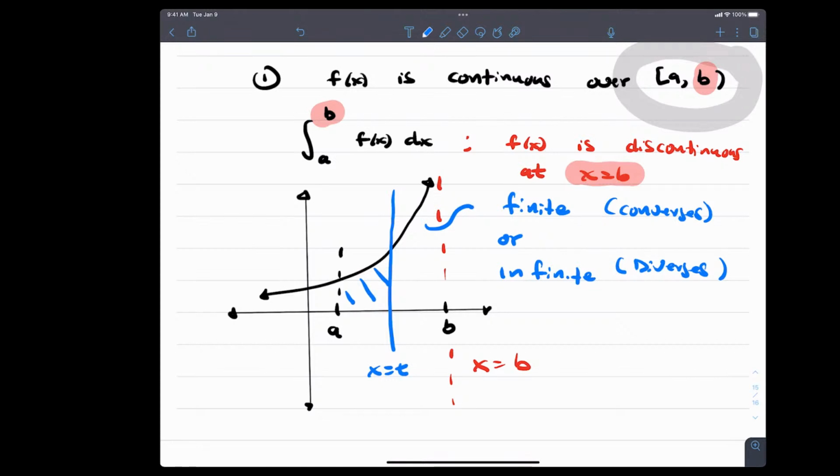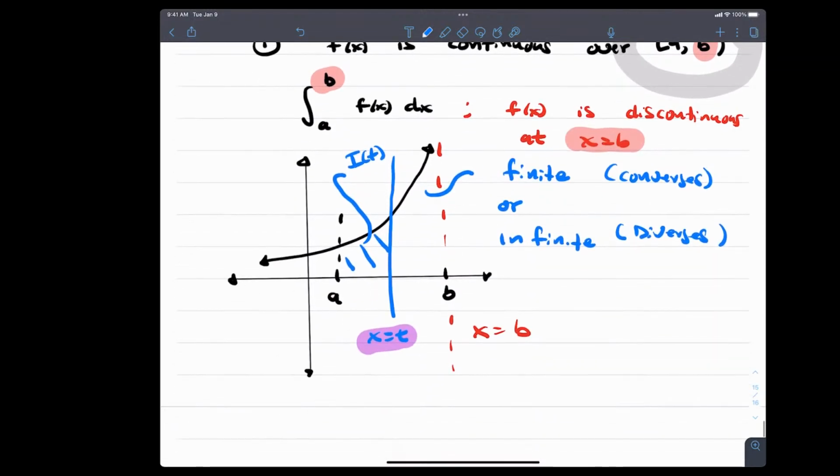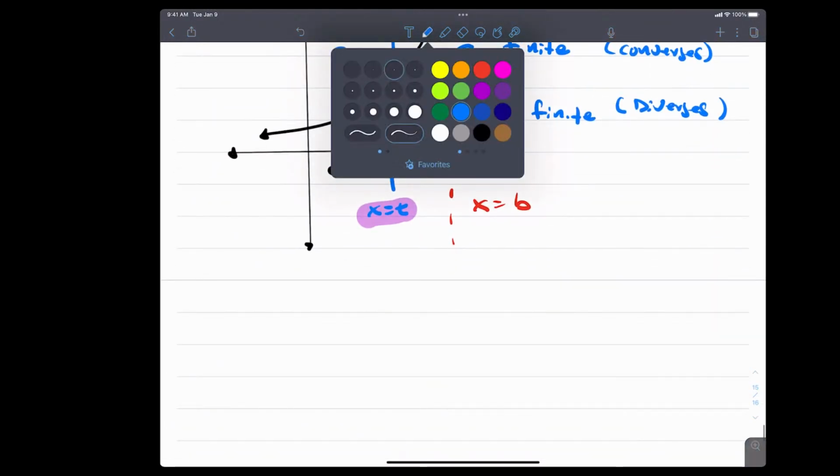Instead of integrating from a to b, you integrate from a to t. So you're going to introduce another variable again. You're going to find that area, and that area I like to call, like I called the area before, I of t. So we're going to redefine this. Let me give you guys the definition here.